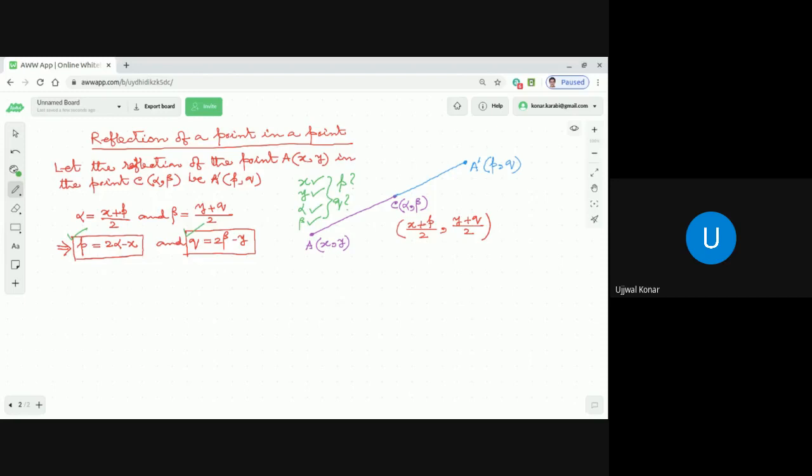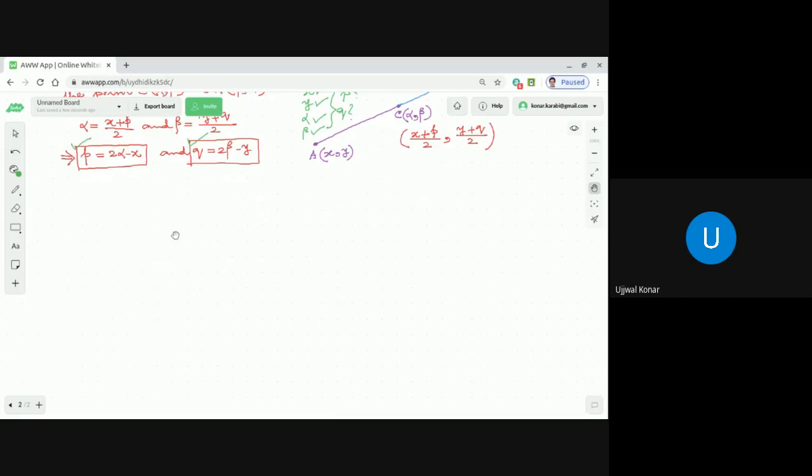Now the next point we are going to discuss is the centroid of a triangle, and that is a very important topic, dear students. Let's find out how we can find the coordinate of the centroid of a triangle.